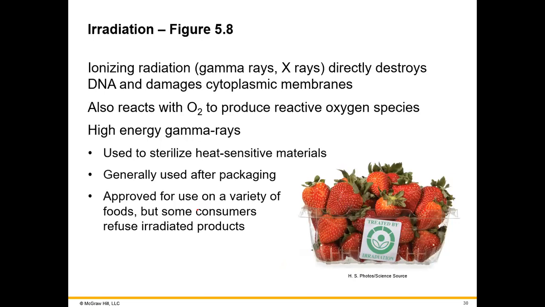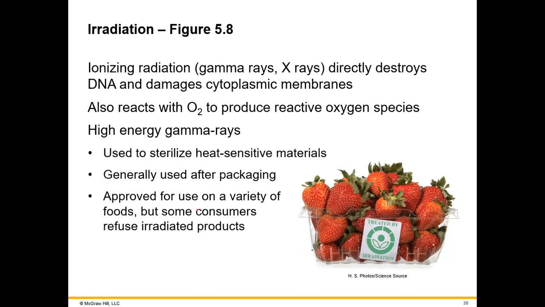So the high-frequency, short wavelength radiation we call ionizing radiation, because they produce these reactive ions. They produce reactive oxygen species, reactive hydroxyl radicals, and they can do direct damage on molecules. And the radiation is used, obviously, to sterilize heat-sensitive material.